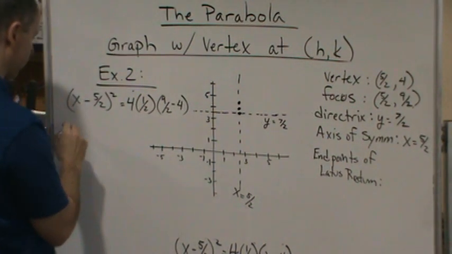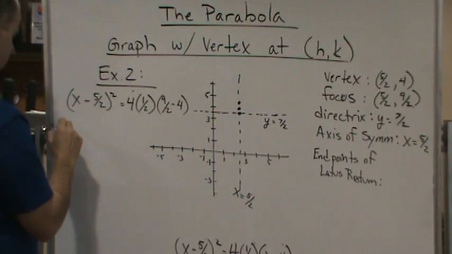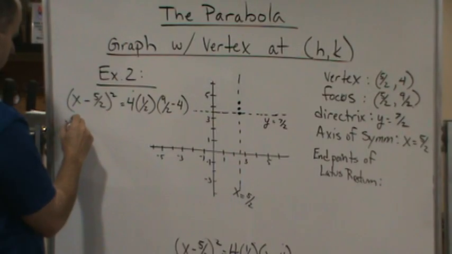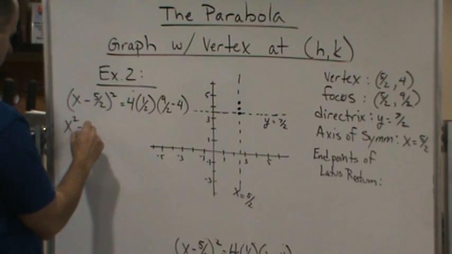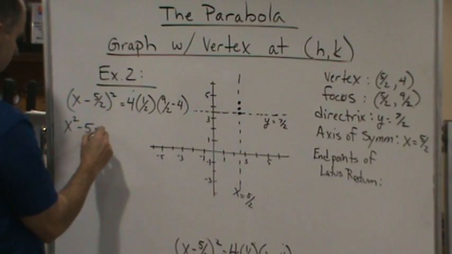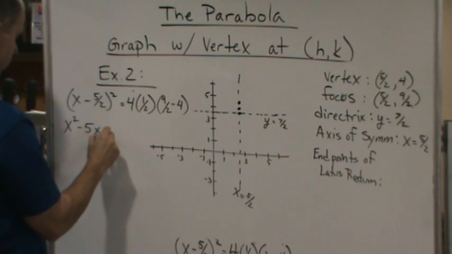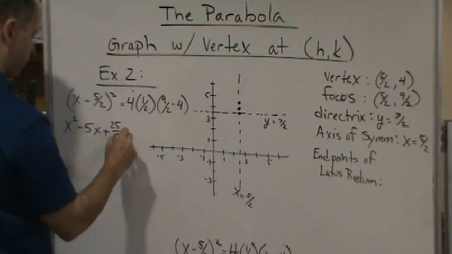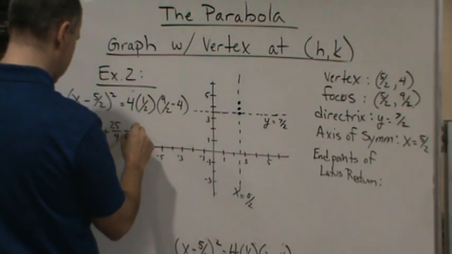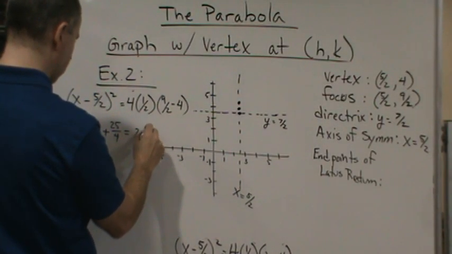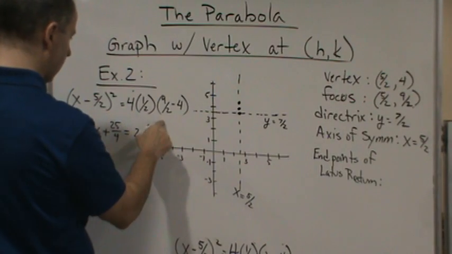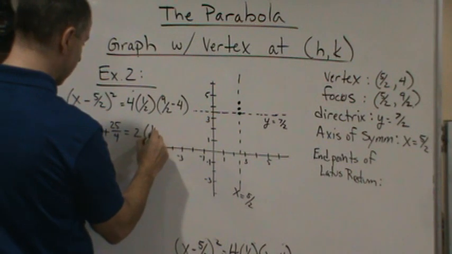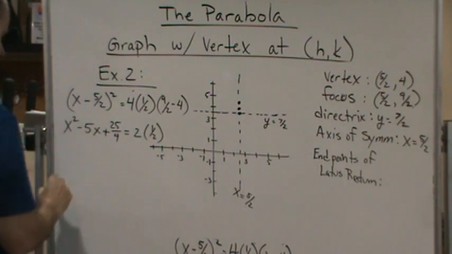Okay, so now we're going to simplify this. We're just going backwards, so this is going to give me x squared minus 5x plus 25/4, which is going to equal 2 times, this is 4.5 minus 4, which is just 1/2, which gives me 1.